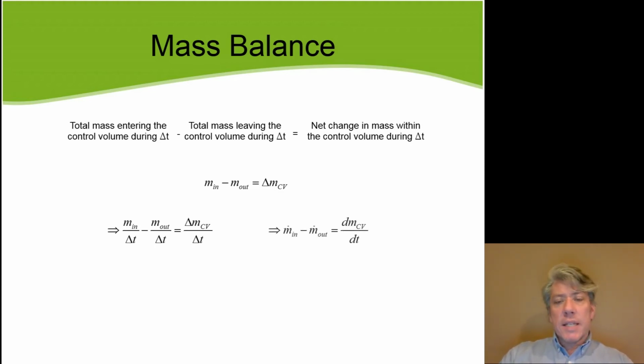If we then let that time approach zero, then the first term, m_in over delta t, will become the mass flow rate going into the system, and then the second term is the mass flow rate out of the system, and then the last term on the right hand side is the rate of change of mass within the control volume.